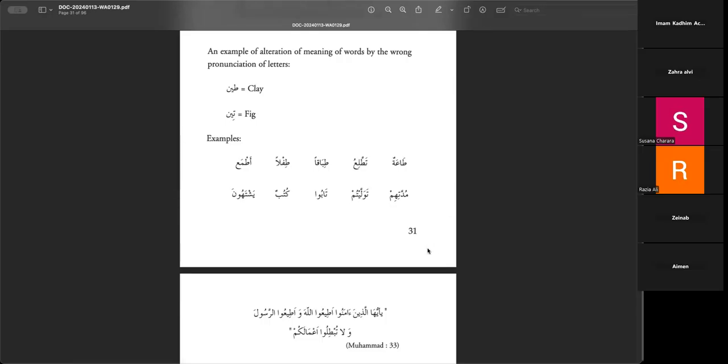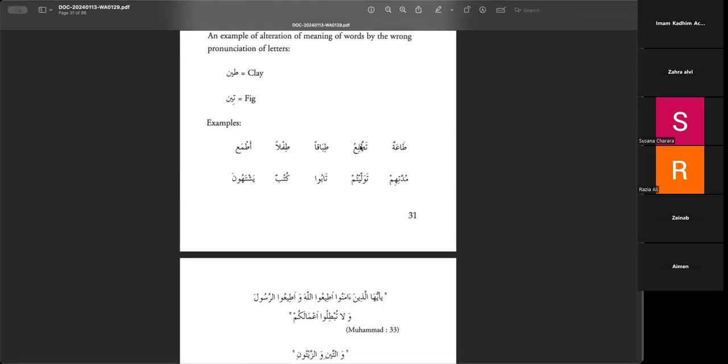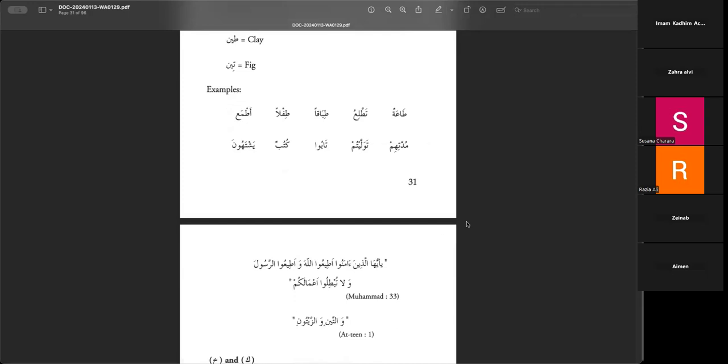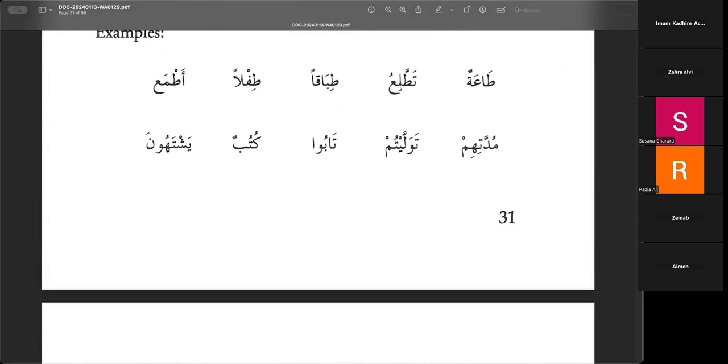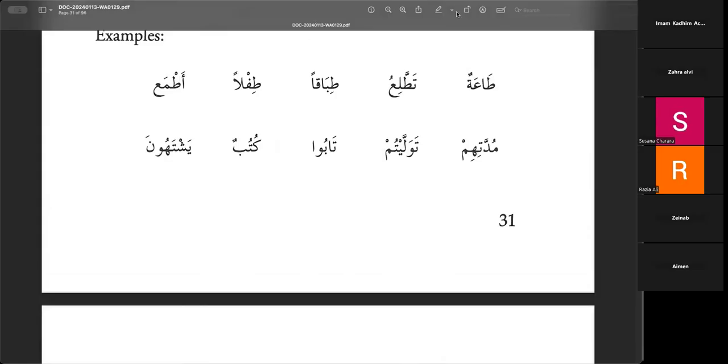Sister Razia, assalamu alaikum. وعليكم السلام. طاعة، تتلئ، طباقا.